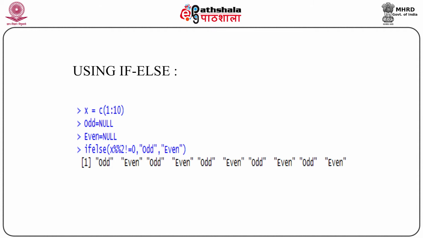That is, if the remainder is not equal to 0, then odd will be the true value, and if it equals 0, then the value will be even. So, odd and even are placed one after another here. This is how we can have the solution of our problem in a much simpler way.